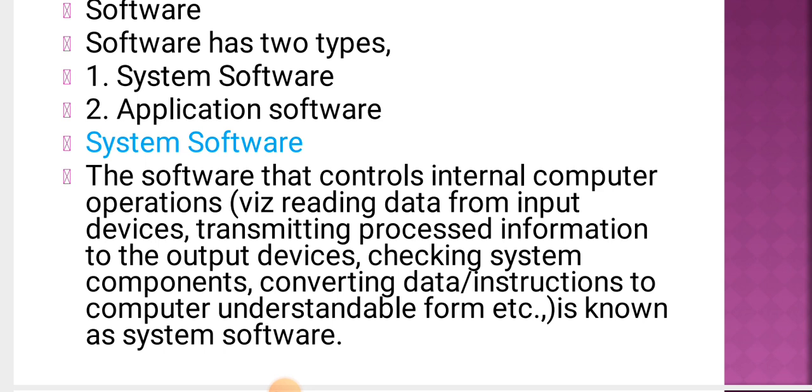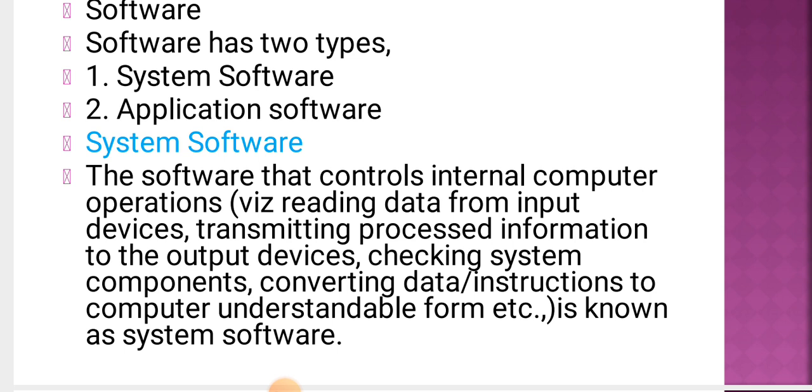And we check the system components, meaning what are the devices connected to the system, what components are installed or attached to the computer, and converting the data or instruction to the computer understandable form.